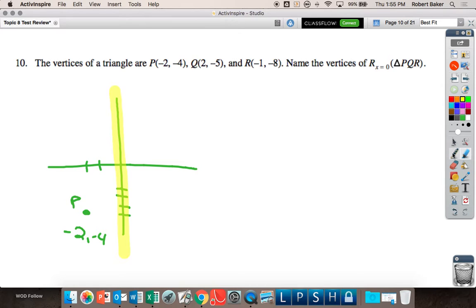So to reflect, I have to go 1, 2, repeat, 1, 2. That means my new coordinate would be +2, -4. There will be graph paper for you on your test. The big thing there is, do you know what the line x equals 0 looks like? Cool? Not cool? Is there a better way to explain that?